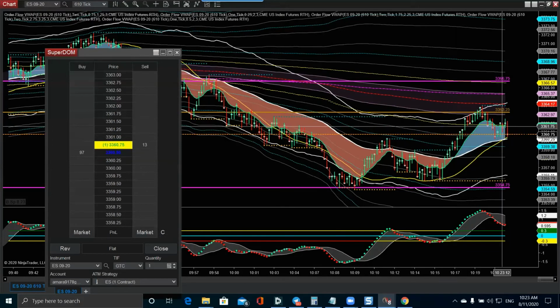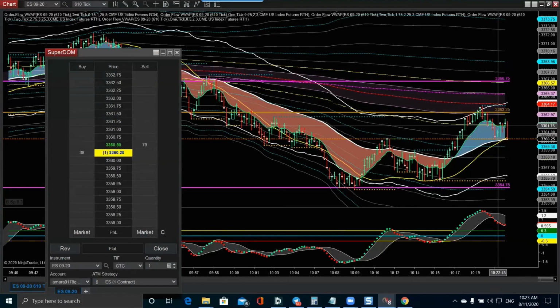So now we see here, we have a lower high. Now here's a strong momentum bar, see?